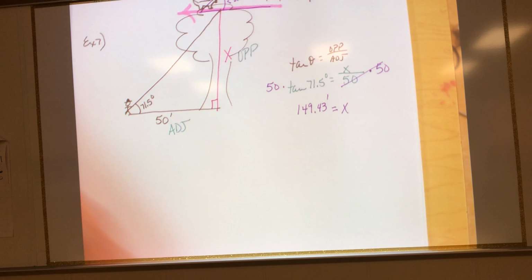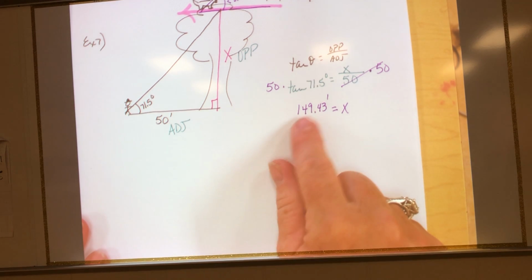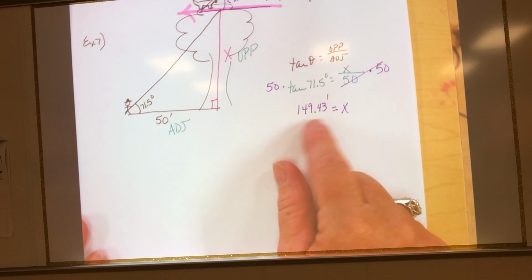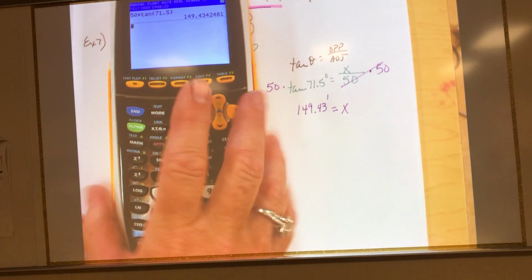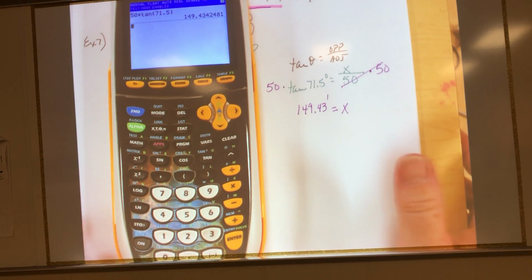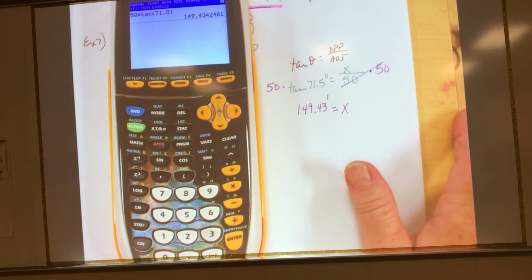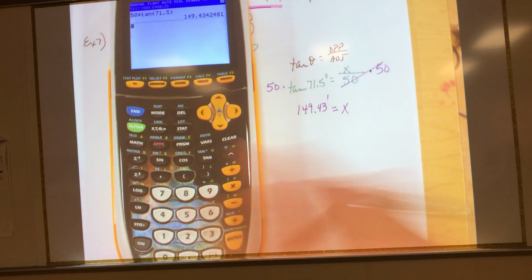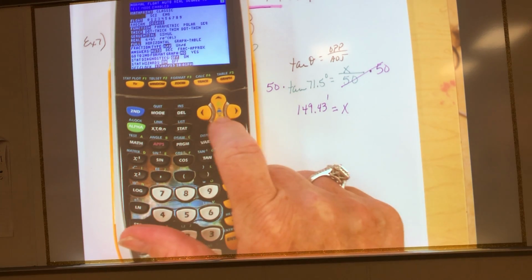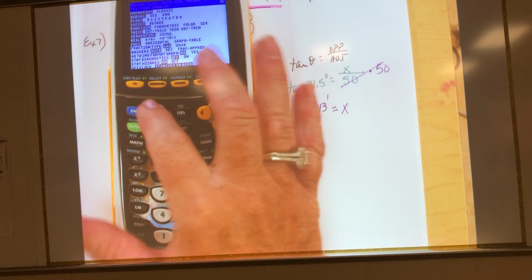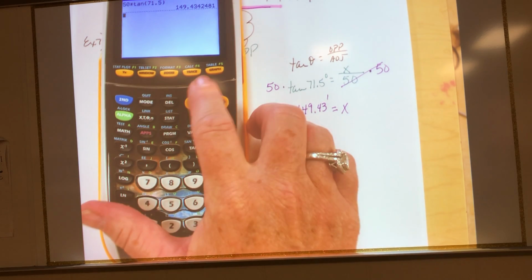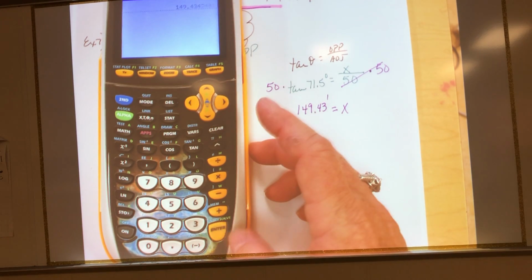It said it was a large tree, so if I'd have gotten 14.9, I would have said, no, that's not right. If it wasn't a reading problem, you might not notice. But most of the time on a reading problem, if you forget to change the mode, I'll show you what'll happen. I'll go back and do the same problem.